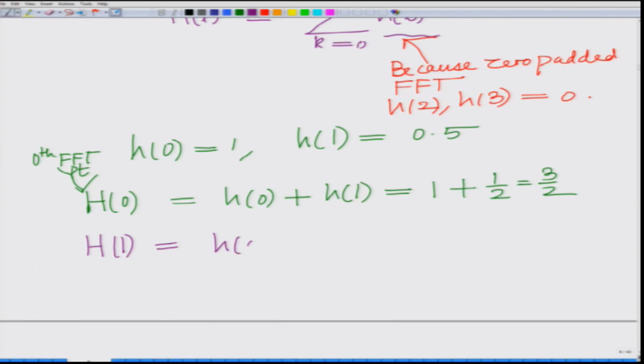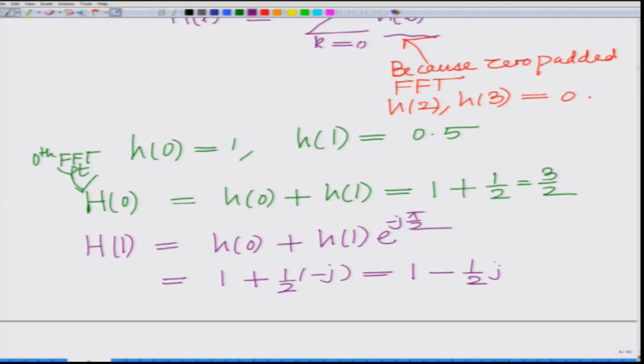Capital H1 equals small h0 plus small h1 e power minus j pi by 2, which is 1 plus half into minus j equals 1 minus half j.